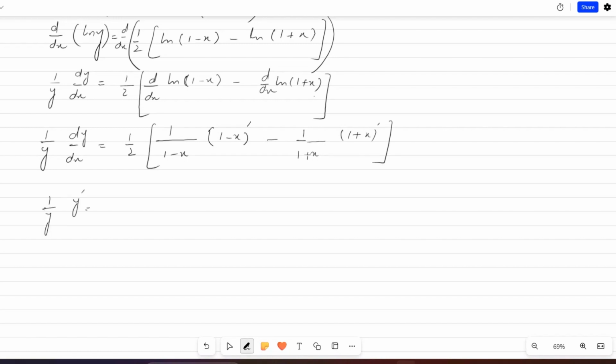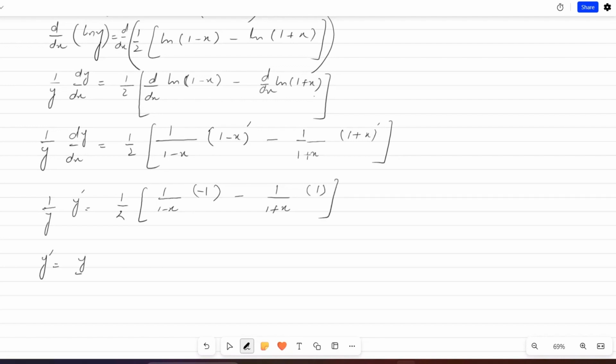The derivative of 1 minus x: 1 will be 0 and minus x will be minus 1. The derivative of 1 plus x: 1 will be 0 and x will be 1.